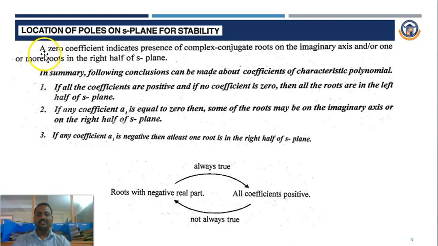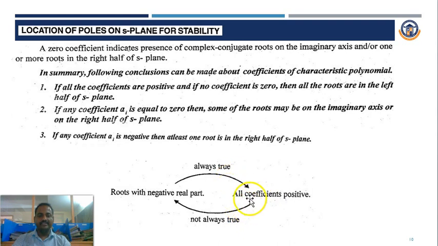Here I mean that a 0 coefficient indicates the presence of complex roots on the imaginary axis or one or more roots in the right half of the S-plane. So here it indicates that roots with a negative real part can exist, which is always true if all coefficients are positive.